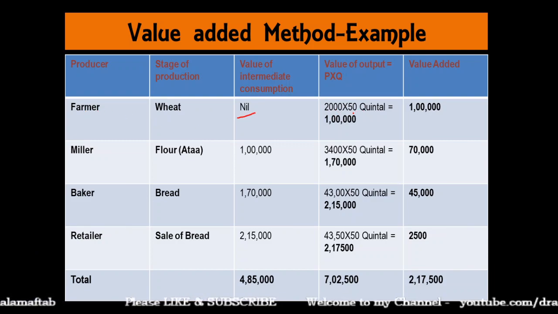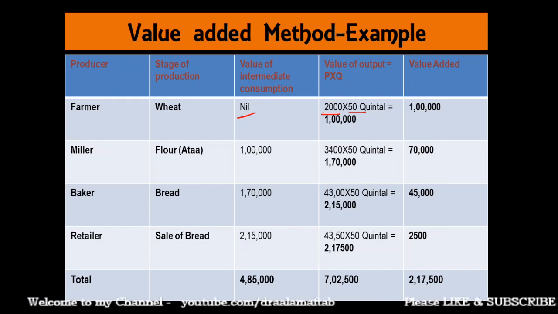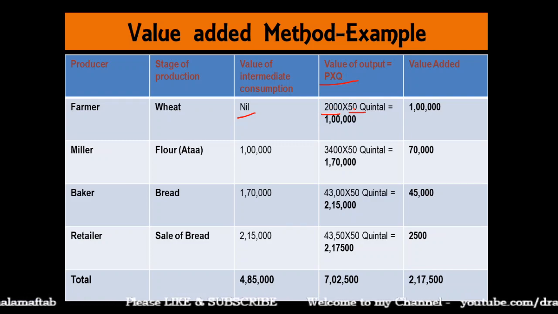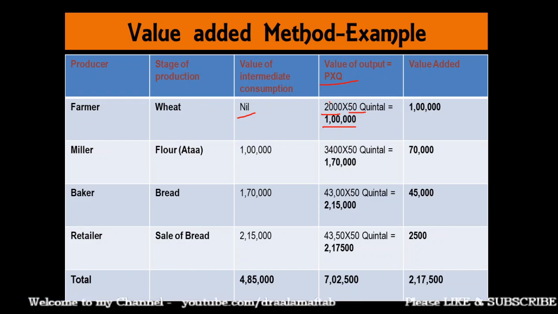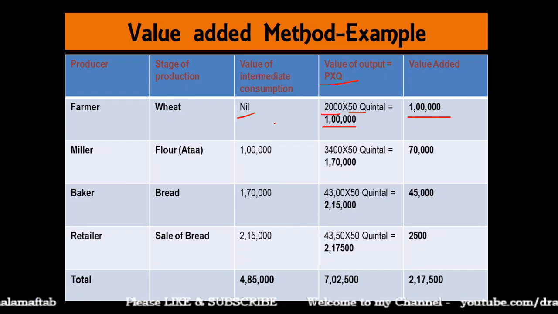Farmer is producing 50 quintal wheat and is selling at the rate of 2000 per quintal. So total value of output, price multiplied by quantity, 2000 multiplied by 50, 1 lakh rupees. So farmer is producing output wheat worth 1 lakh rupees, and here value addition is also 1 lakh, as value of intermediate consumption is nil in this stage.